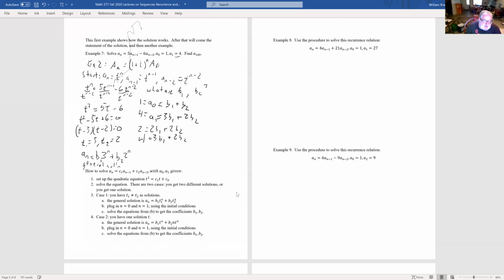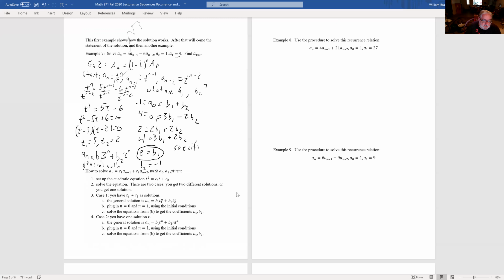I'll subtract the top equation from the bottom. 4 minus 2 is 2. 3 minus 2 is just 1B1. 2B2 minus 2B2 is 0. So now it tells me B1 equals 2. If I plug that back into the top equation, B2 has to equal minus 1.